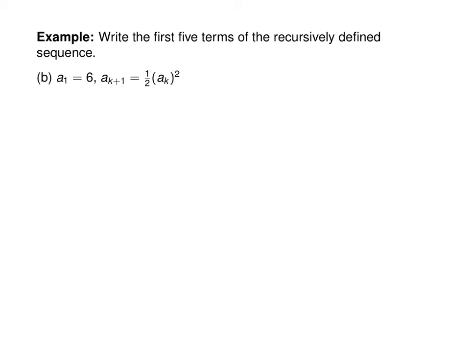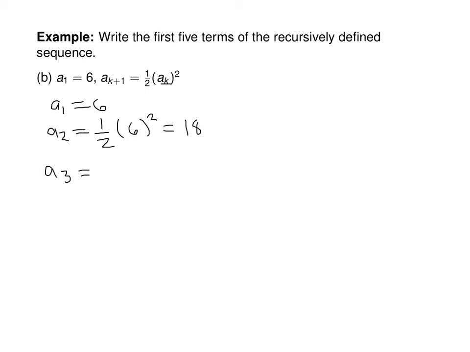Alright, this one we have A1 is given by 6, and A sub k plus 1 is 1/2 of A sub k squared. So my first term is 6, my second term is 1/2 of the term before, so 6 squared. So 6 squared is 36, half of 36 is 18.